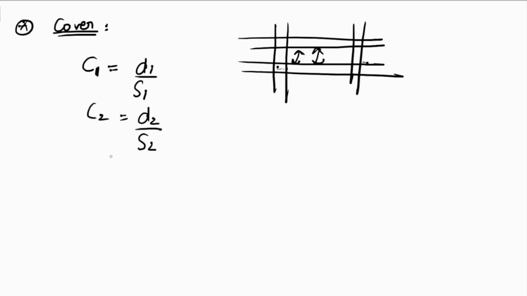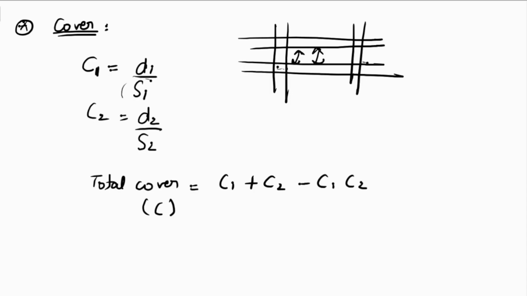If I talk about total cover, C is equal to C1 plus C2 minus C1 C2. 1 upon spacing is actually n, that is, ends per inch and picks per inch. You can solve this easily.